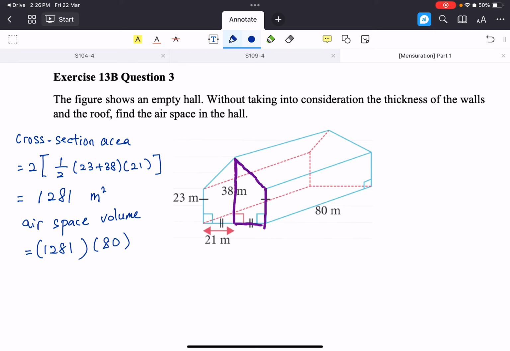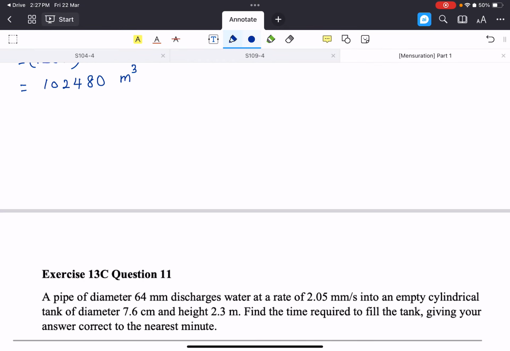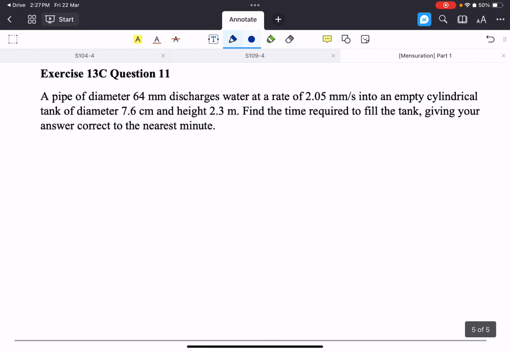So let's do that. We will have 102480 cubic meters.